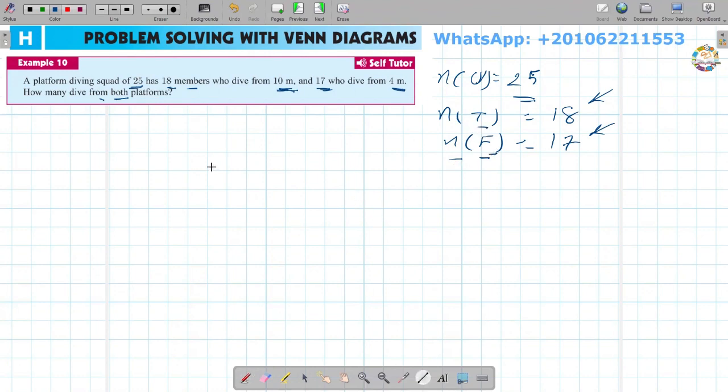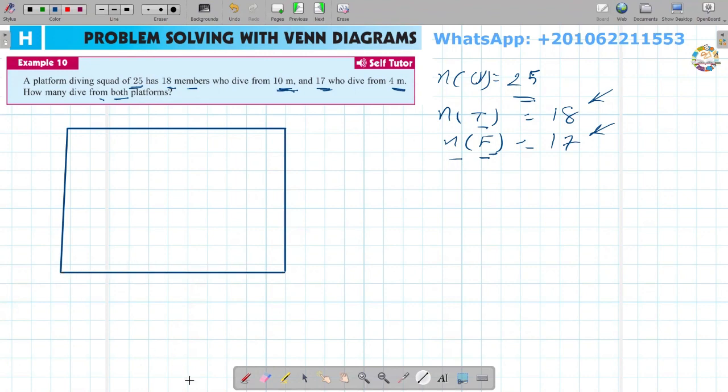Let me graph first of all the universal set. And here we have how many sets? Just two sets, T and F. Overall we have 25. 18 plus 17 should be 35, not 25.